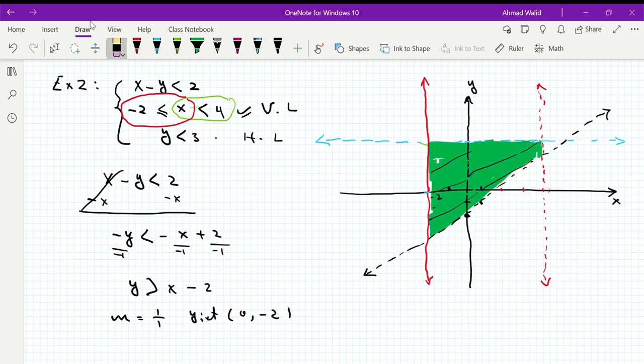It doesn't matter if the system is linear or non-linear. You graph all and you shade based on the method that I teach you. After that, wherever the shading areas overlap each other, that's your solution.